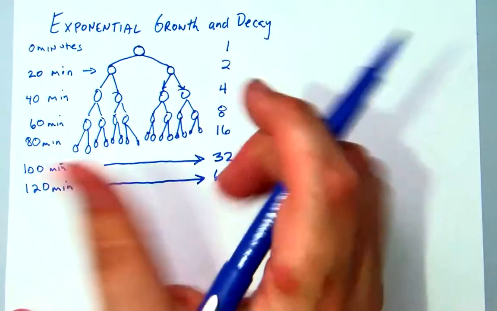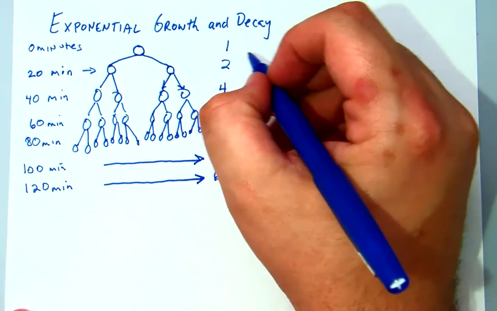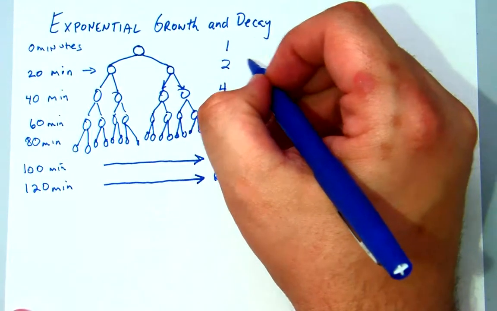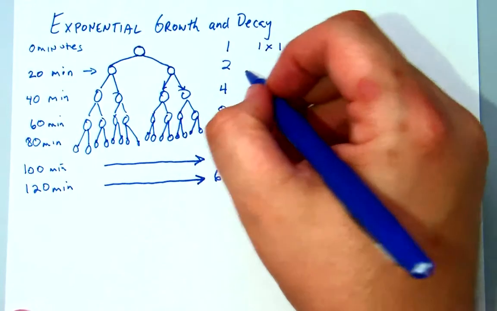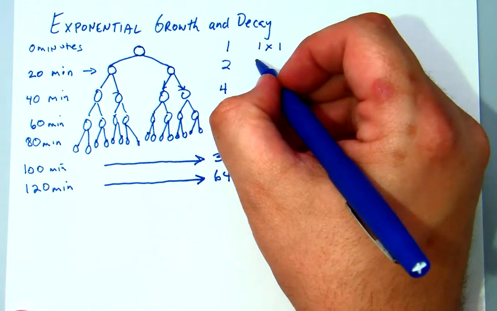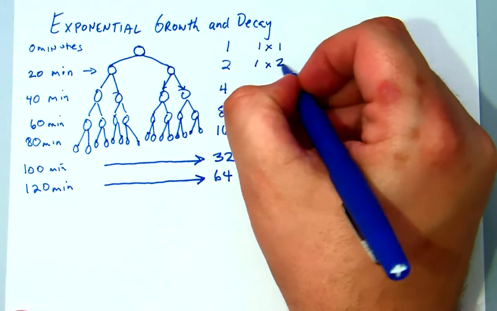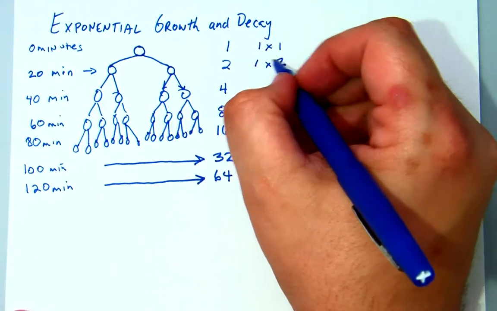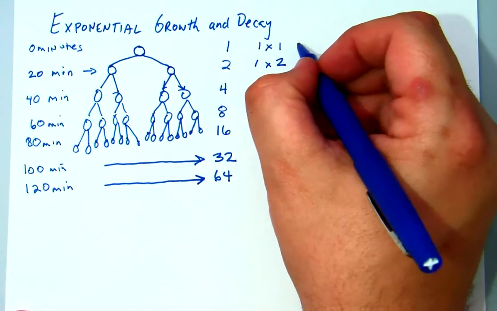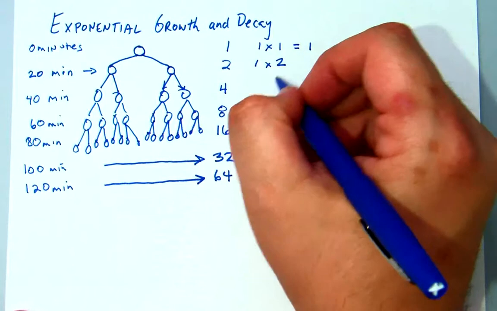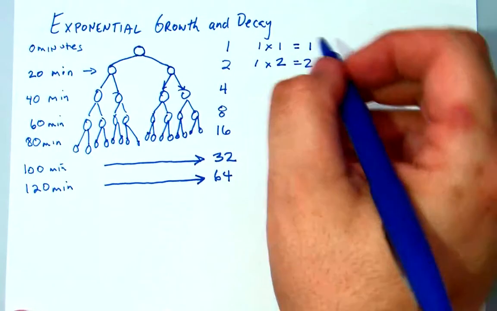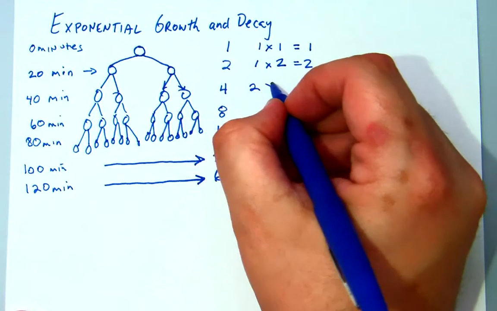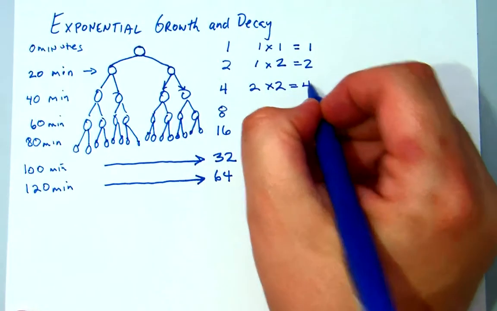Then those double. Because from here, what we have is 1 times 1. Then you get 1 times 2, because it doubles in here. So our total is 1. Now here our total is 2, like we had there. Now we're going to take that total, 2, and we're going to double that, and you get to 4.